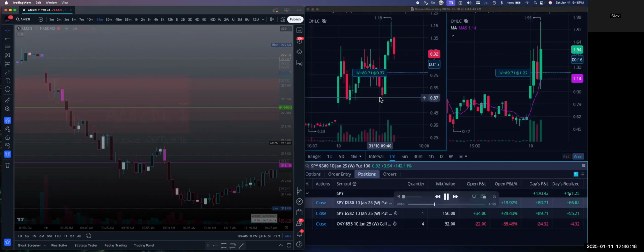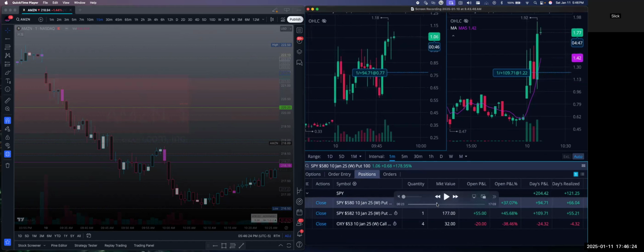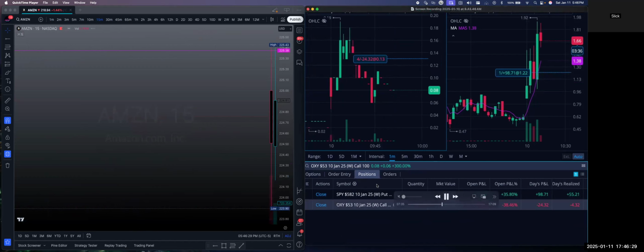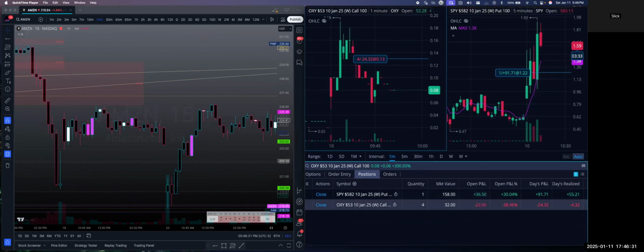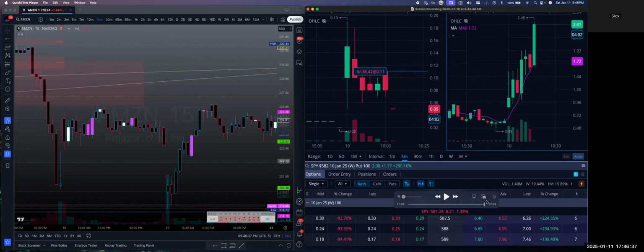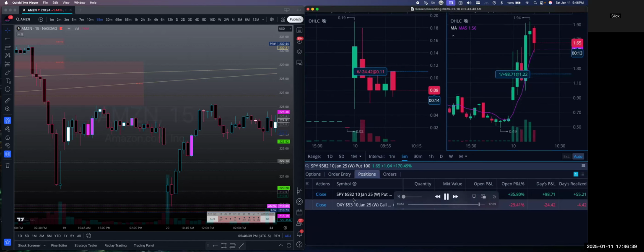As you can see, I realized 120, wasn't even worried about this. I forgot what this ended up going to. Look, how much did I end up losing on this? Yeah, so I wasn't even paying attention to it anymore. I'm still in that SPY. I think I ended up making like a couple $100 this day, right?